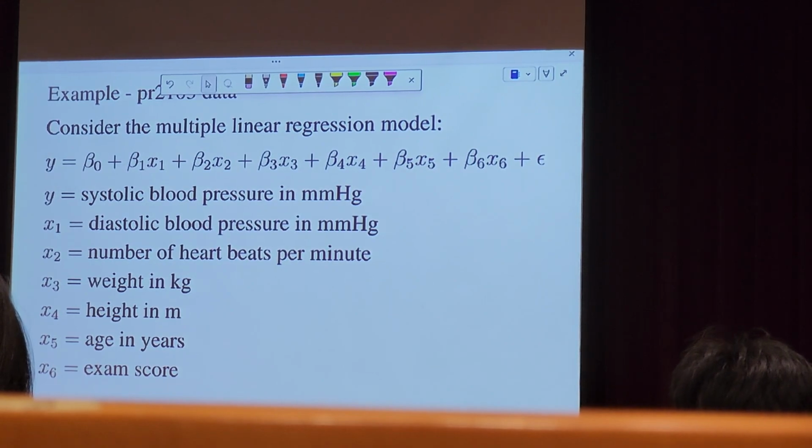Exam score. Hey, your exam score, is it relevant to your systolic blood pressure? Yeah? If you do well, your systolic blood pressure will always be under control when you are in my class. You're not too excited. But if your exam score is low, I tell you, your systolic blood pressure will be high. My systolic blood pressure is always low. Why?